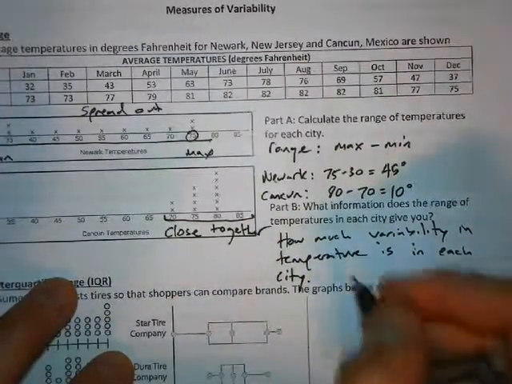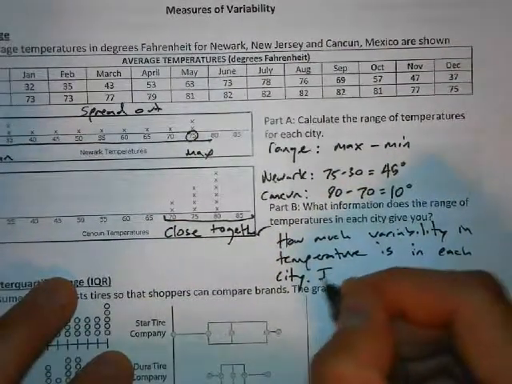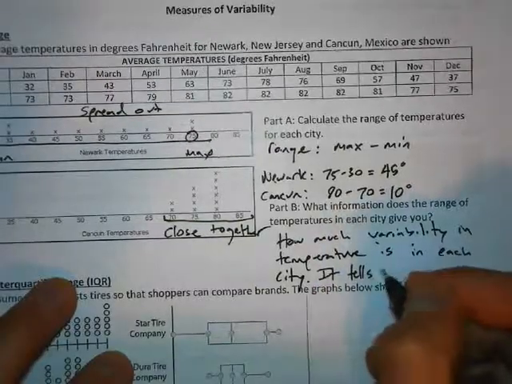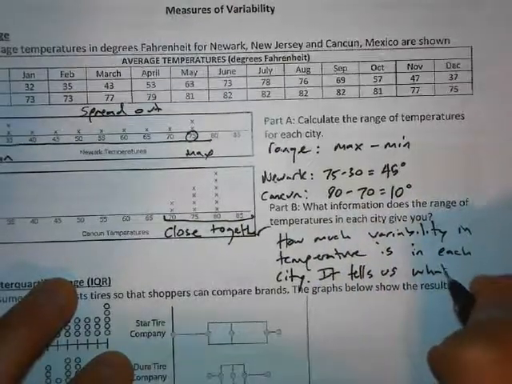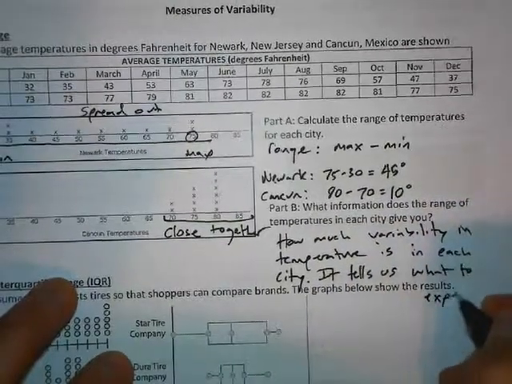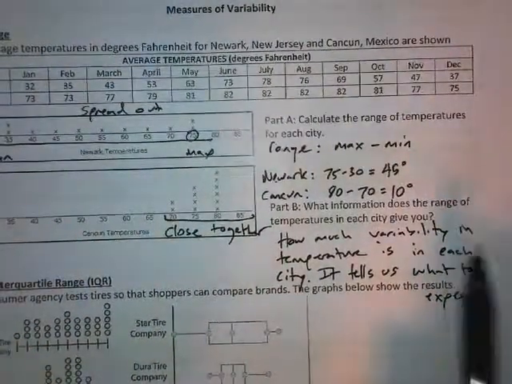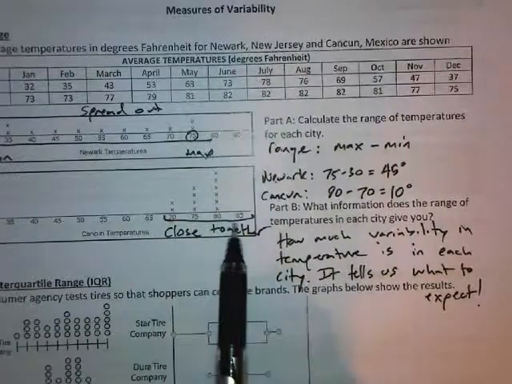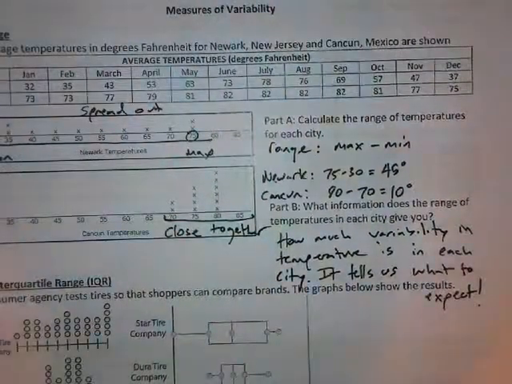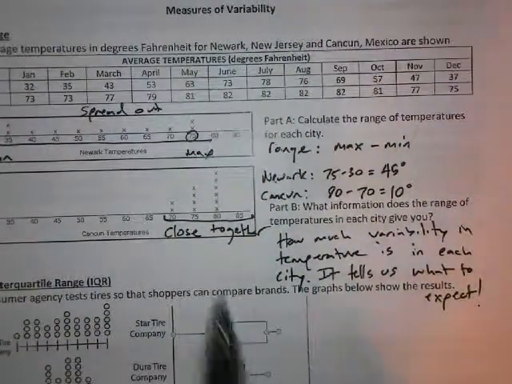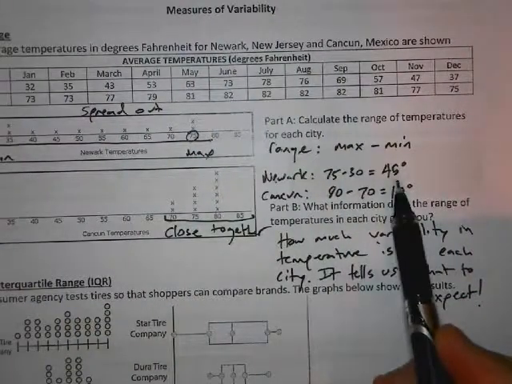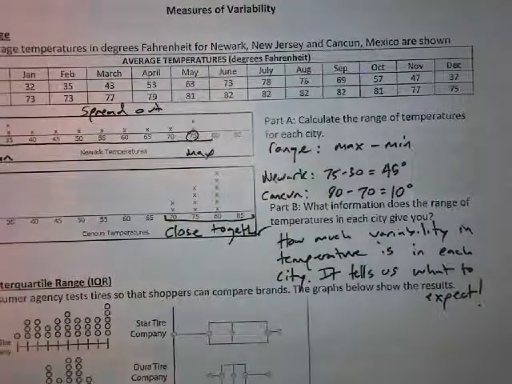And I think that's super important because it tells us what to expect. Okay, if it's going to be consistent, if there's a very narrow range of temperatures, that's really important information. Or if it's really spread out, like in Newark, that's also super important.